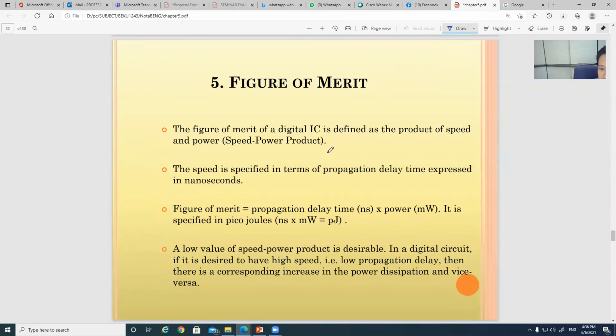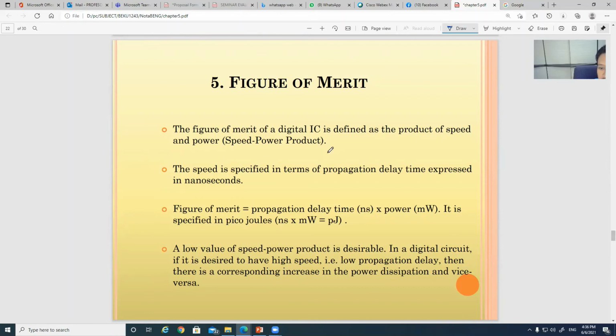The formula is propagation delay time in nanoseconds multiplied by power in milliwatts, normally expressed in picojoules. That means nanosecond multiplied by milliwatt equals picojoule.